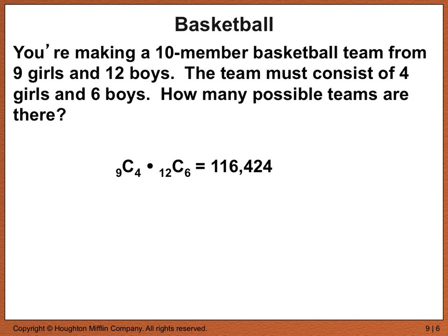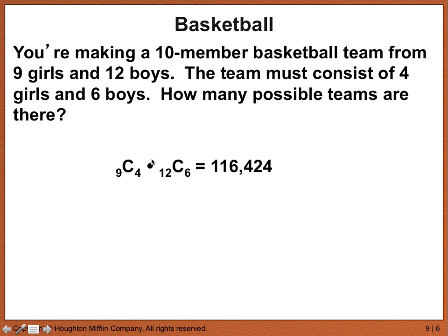Now, why do we multiply them? You might have figured this out on your own already, but what this means is that for any group of 4 girls, and remember that there are a lot of different possible groups of 4 girls from the pool of 9, there are many different groups of 6 boys that can go with that group of 4 girls, and that's why we have to multiply.